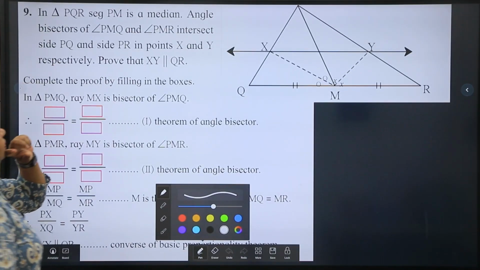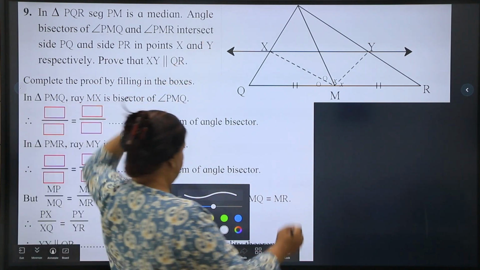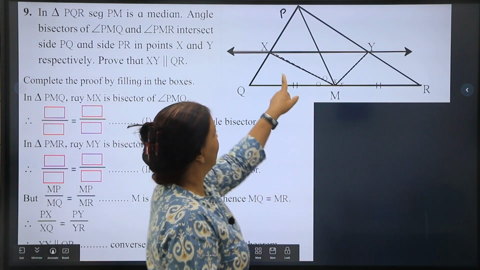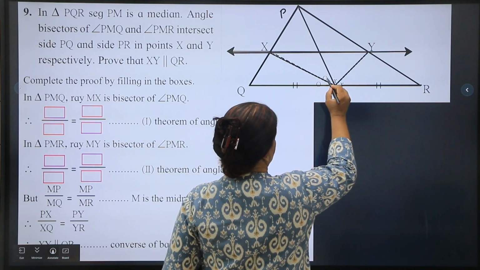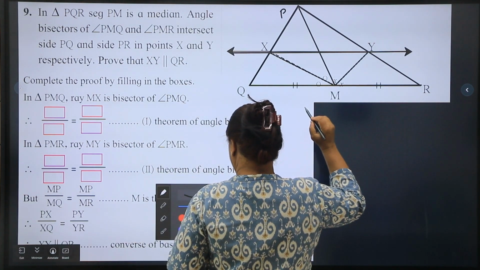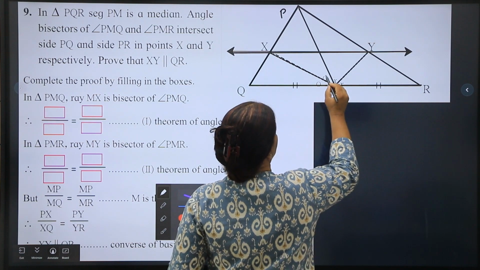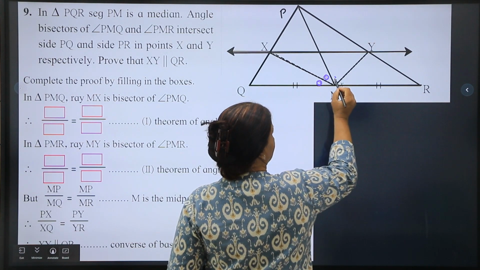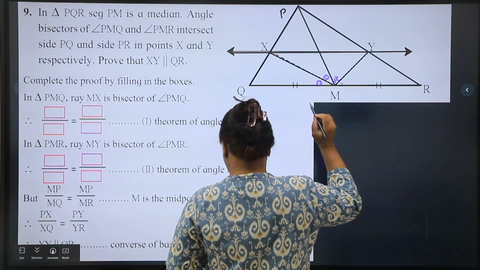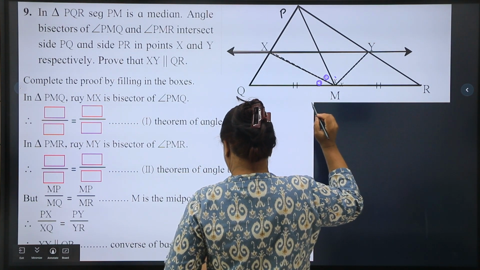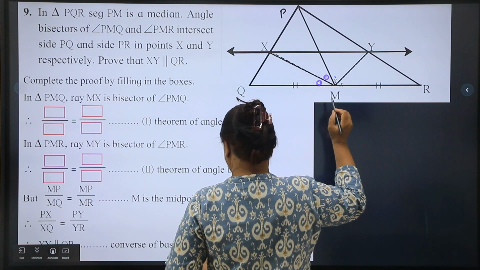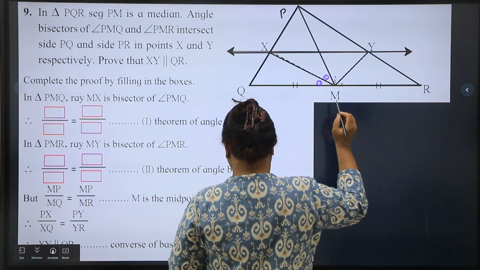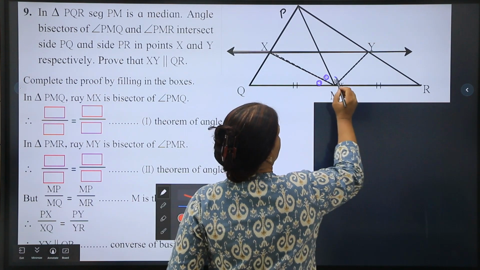Ninth question, there is a triangle PQR. So this is the triangle PQR, and by this we come to know that this angle is equal to this angle, and this angle is equal to this angle.